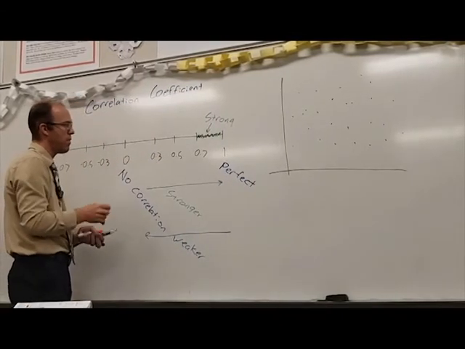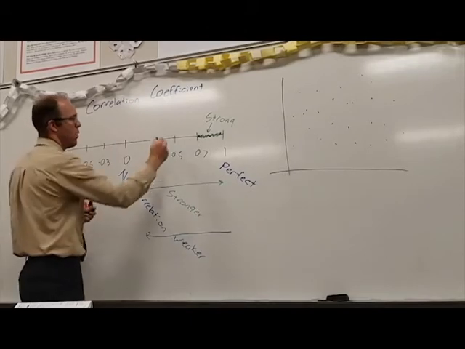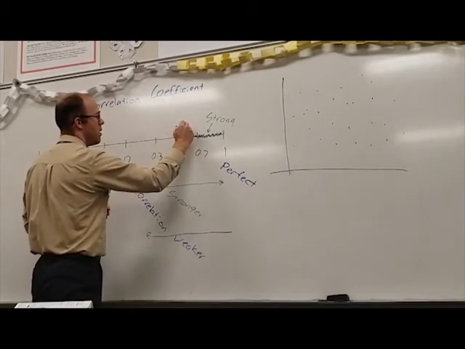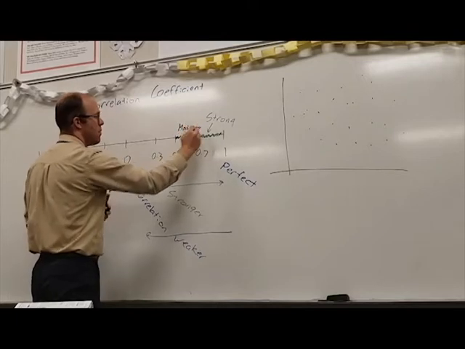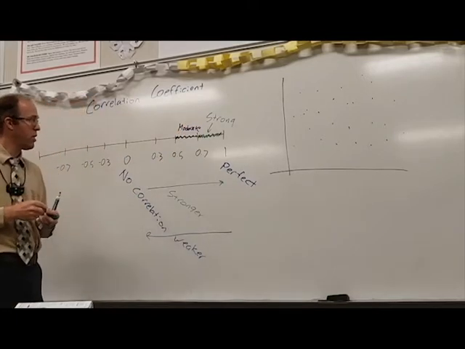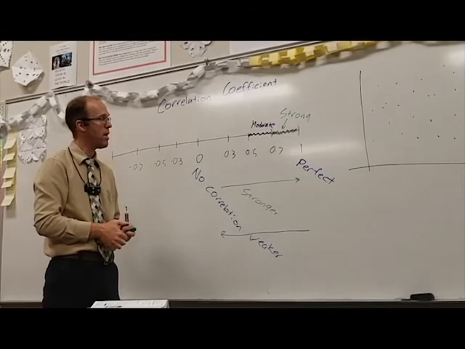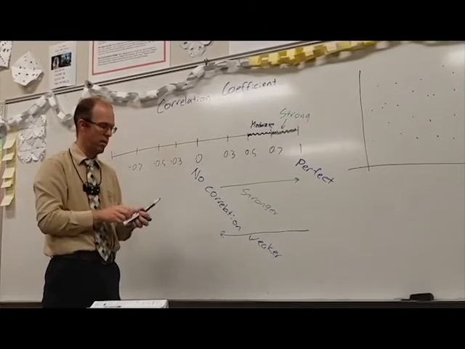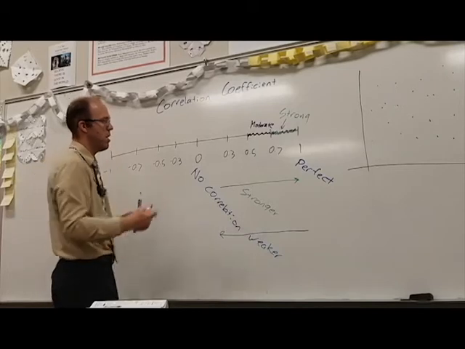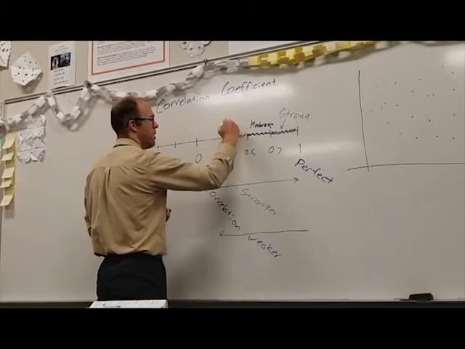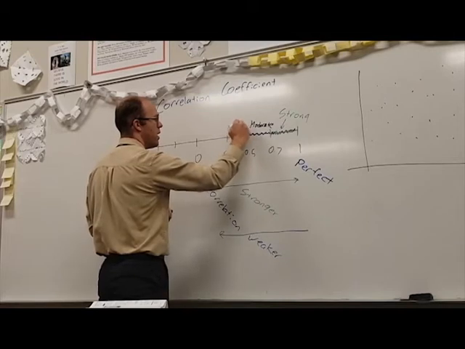Between 0.5 and 0.7, we are going to call moderate. That means that the correlation is there, it's medium in its strength, and so our line of best fit will be a medium level of accuracy. Between 0.3 and 0.5, that is going to be titled weak.